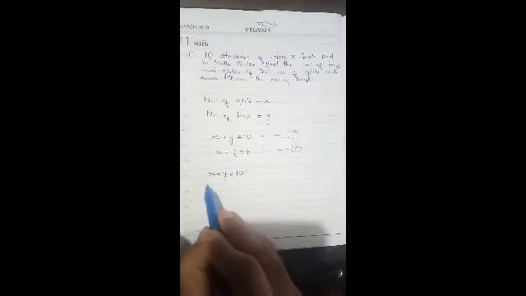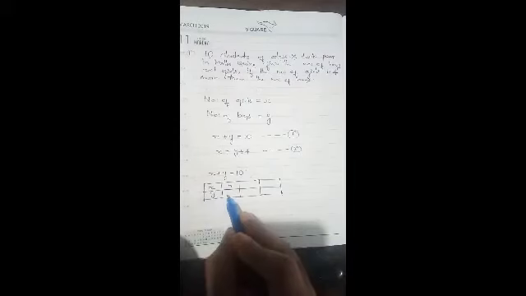Now we have to find out some points related to this equation, like this: x, y. Now tell me, dears, if x is equal to 0, what should be the value of y? Here this is the equation, x plus y equal to 10. Okay, you can simply say that y is equal to 10.